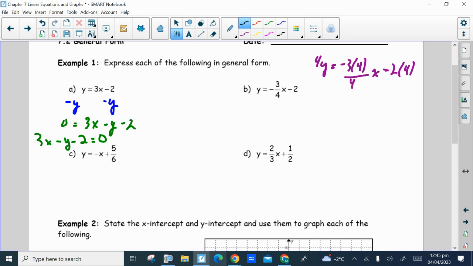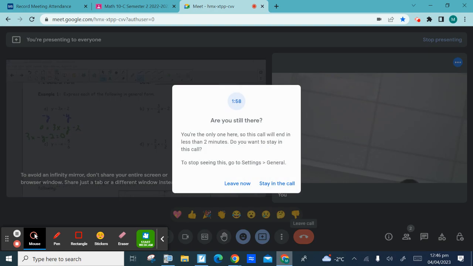So that term to the right of the equal sign, 4 divided by 4 cancels. That is the reason that we multiplied everything by 4. So that step would happen. We got rid of the denominator. So what do we have left? We have 4y on the left equals negative 3 times x minus 8. Because you have to multiply that last term, the minus 2, by 4 as well.